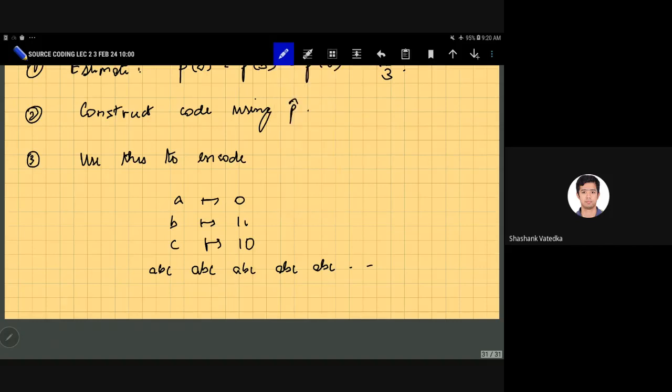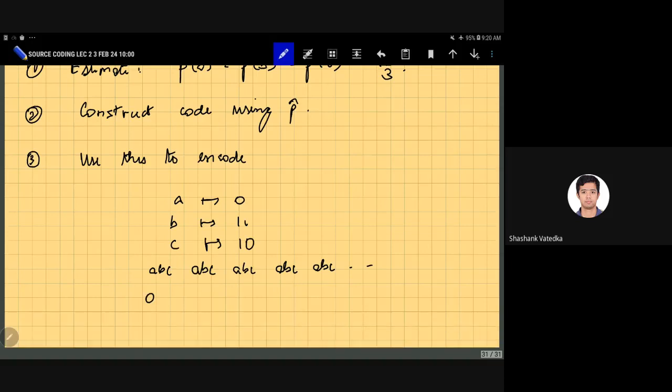Okay, so let's say I do this. I have 0 1 1 1 0 0 1 1 1 0 0 1 1 1 0 0 1 1 1 0, and so on. Right. So what is the expected length over here?